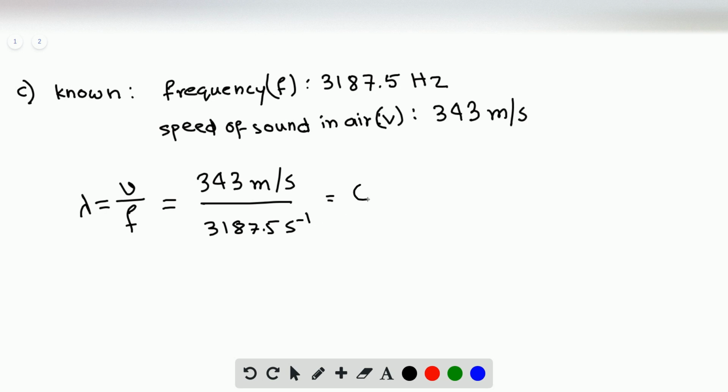So we have 0.1076 meters, which is roughly equal to 0.11 meters. So that's the wavelength of sound in air.